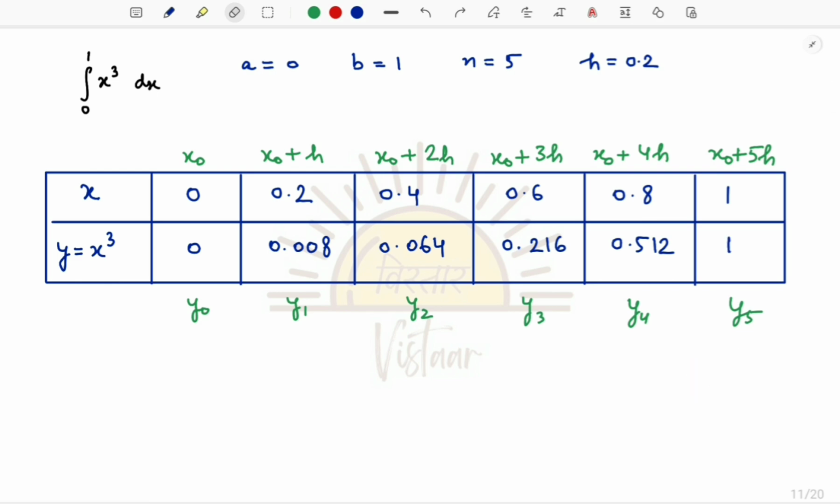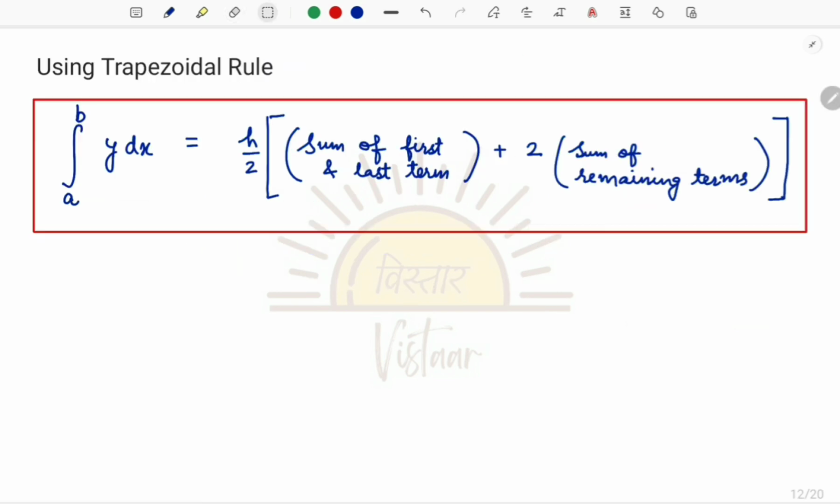Now we will use this table in the trapezoidal rule formula. The trapezoidal rule is that we have to integrate y dx from limits a to b, and this can be found out by h by 2, sum of first term and last term plus sum of the remaining terms. In the given question, we have to find x cube dx.